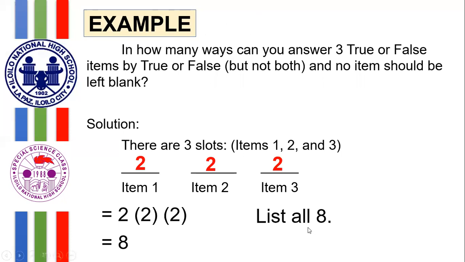Take note that, for example, you could have TTT. That means item number 1 is true, item number 2 is true, item number 3 is true. You could also answer TFT, meaning item number 1 is true, item number 2 is false, item number 3 is true.